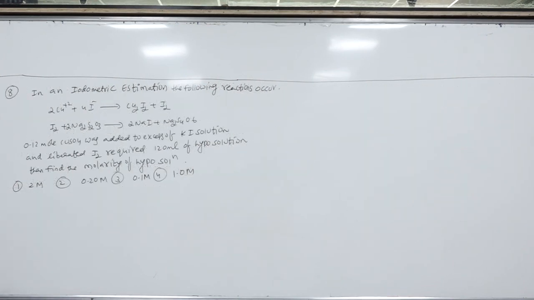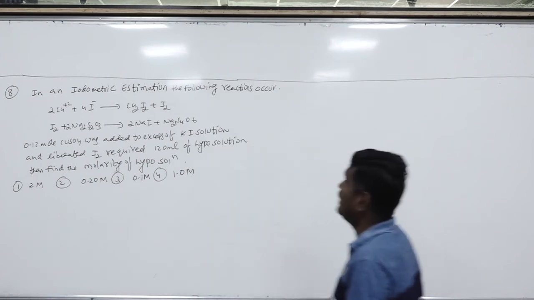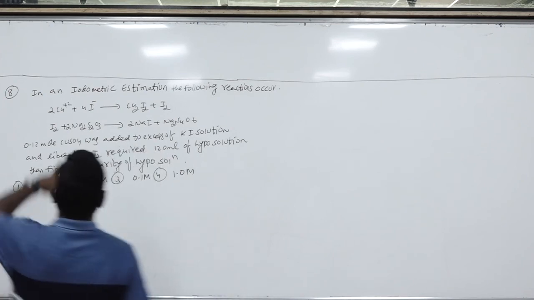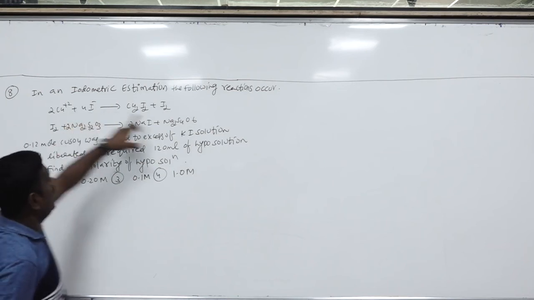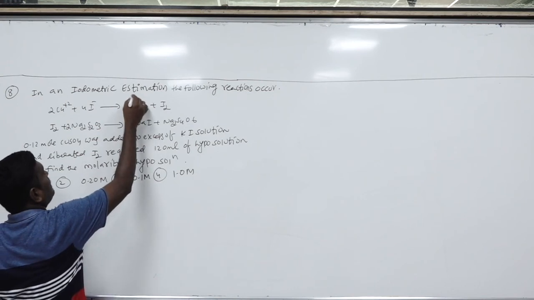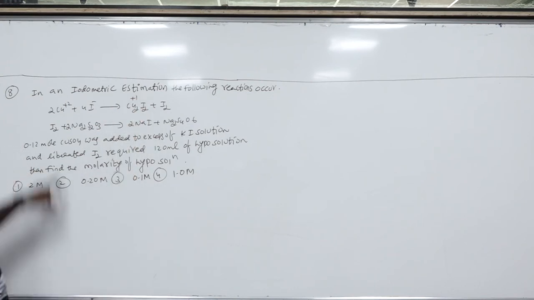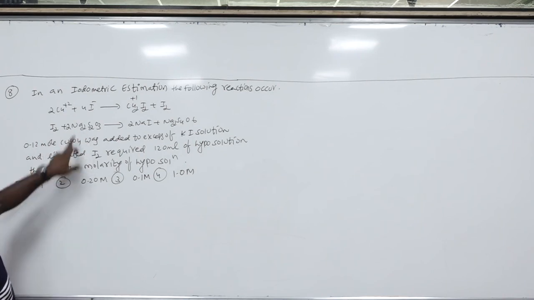Now, in the next problem: in an iodometric estimation, the following reactions occur. Cupric ion is an oxidizing agent which oxidizes iodide ion into iodine and itself is reduced to cuprous ion. Next, the liberated iodine was titrated with a standard solution of hypo, Na2S2O3.